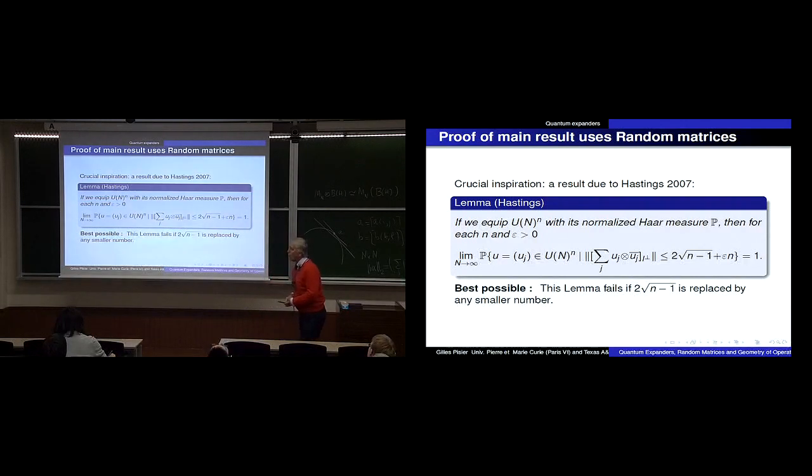So the probability tends to 1. So it's very likely, if you pick them at random, that you find what you want.